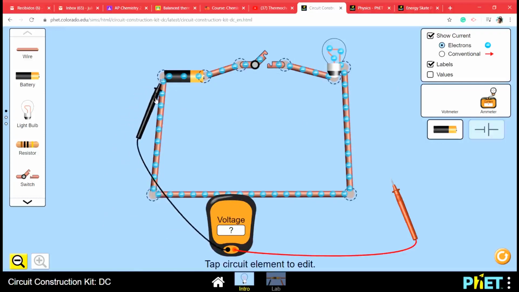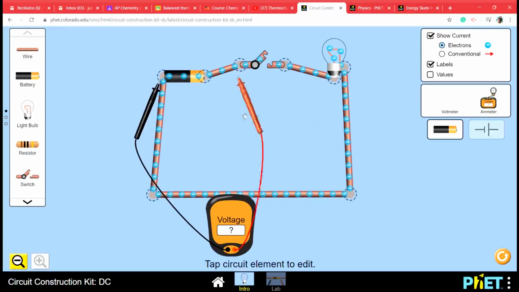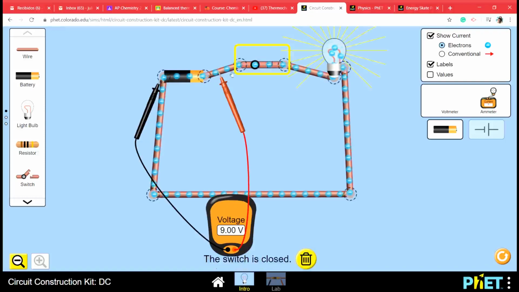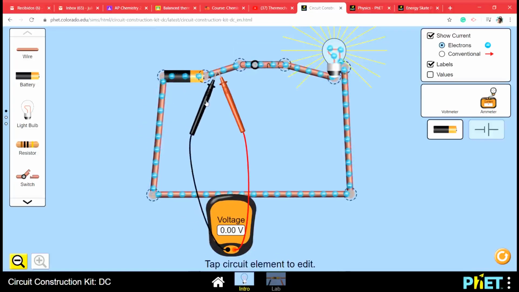Let's get started, guys. Checking here. And let me measure that voltage over here. So guys, remember the electrons are going to move from high potential to low potential. And now my reading is 9 volts. But check, guys, what happens if I measure here. What is my reading? It's 0.